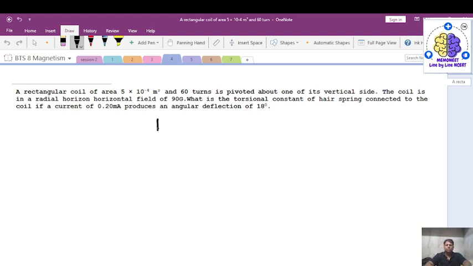What is the torsional constant of the hairspring connected to the coil if a current of 0.20 milliampere produces an angular deflection of 18 degrees, right?